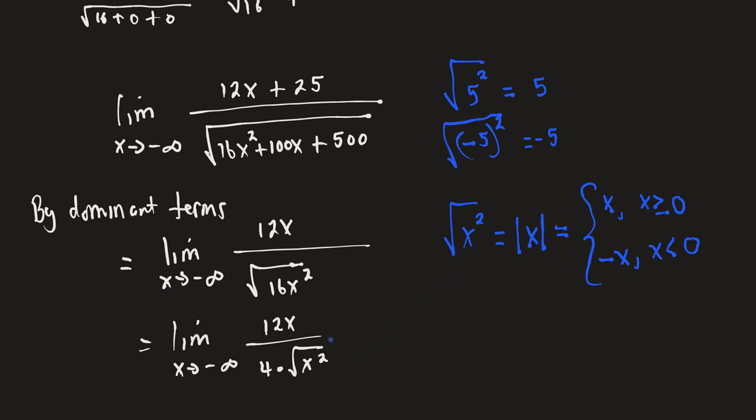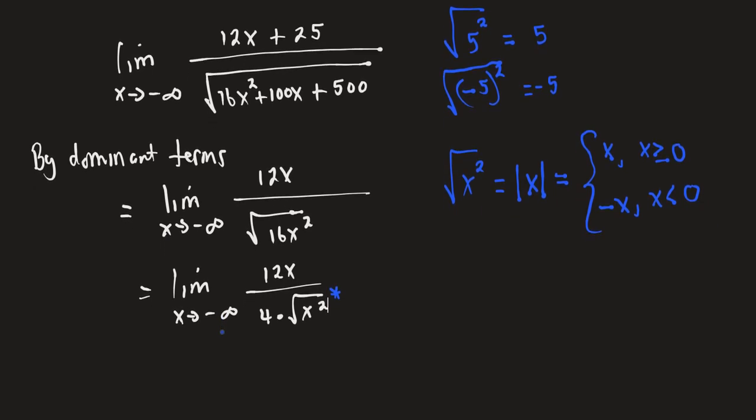So this is where the difference is, and it's because now my x is going to negative infinity and is therefore negative. So the square root of x squared reduces to negative x, right? And that's the only difference in the solution. But it comes back to this key definition, right?